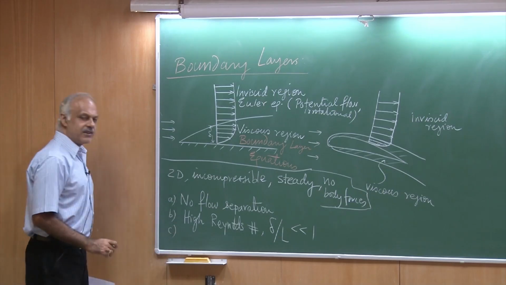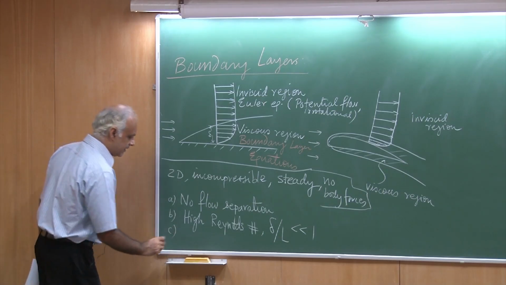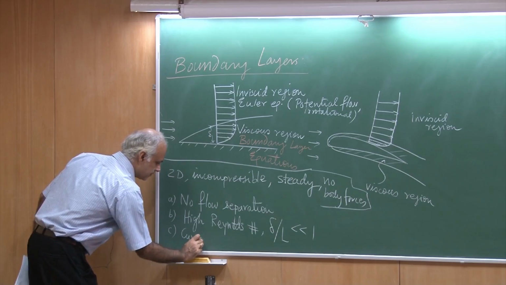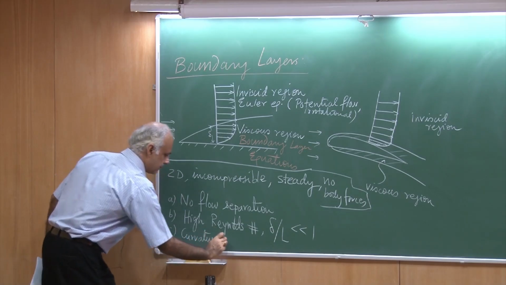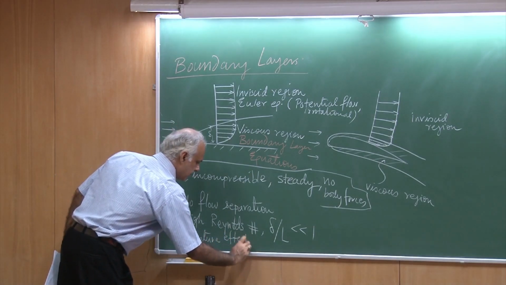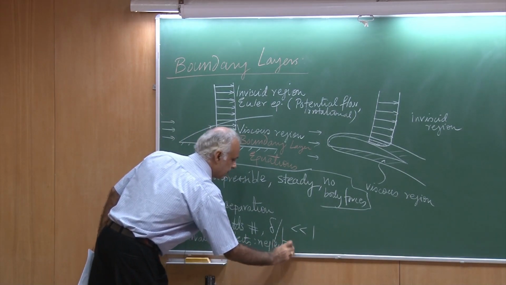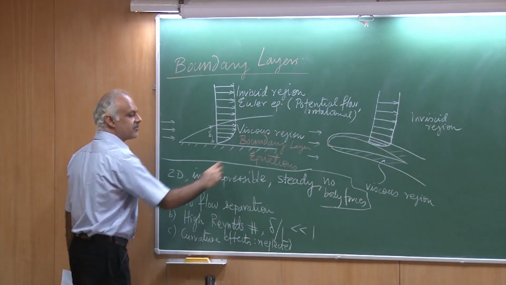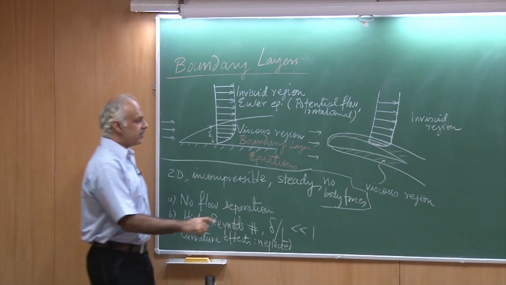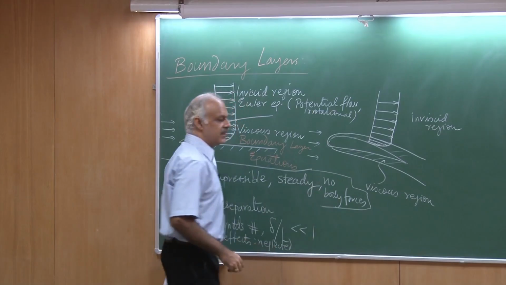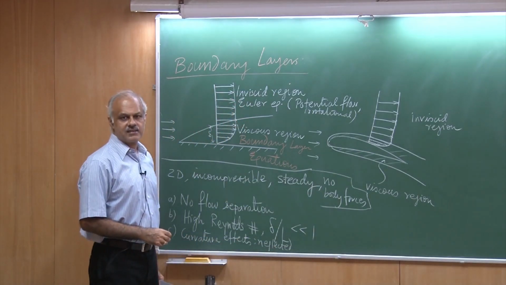And another assumption that we are going to make is that the curvature effects are neglected. So either we have a flat surface, or even if we have a curved surface, it's a very gentle curvature.